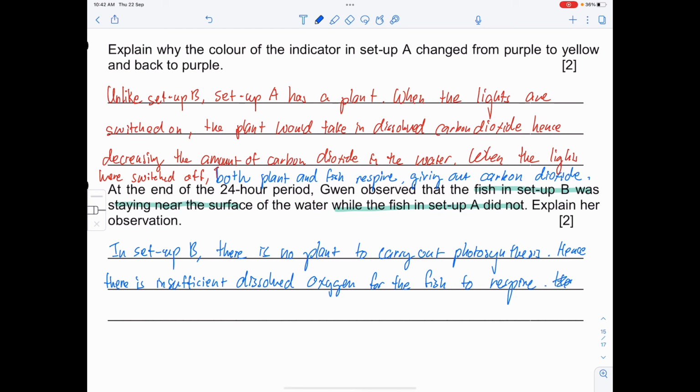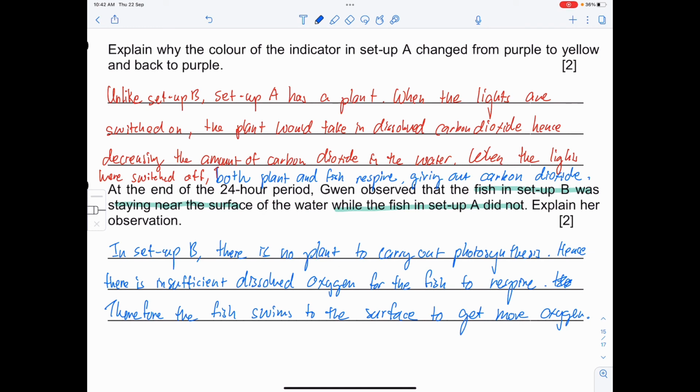Hence, therefore, the fish swims to the surface to get more oxygen. Okay, so this part is important.